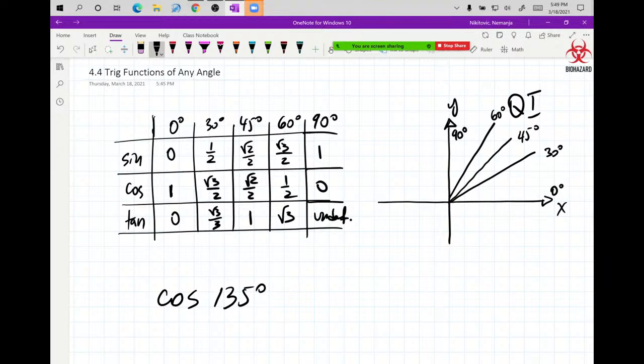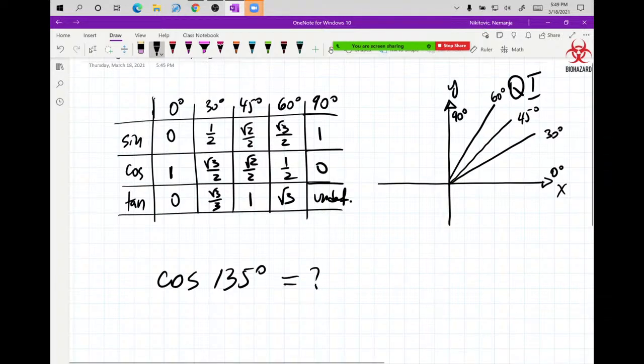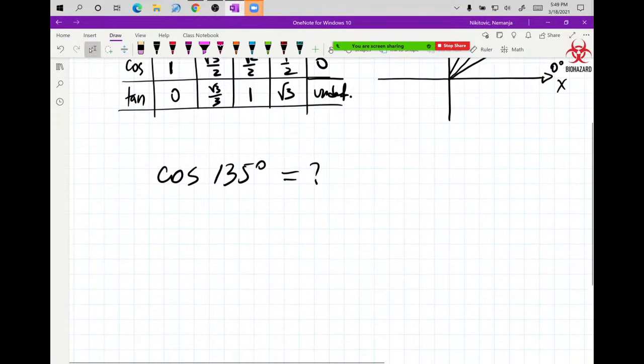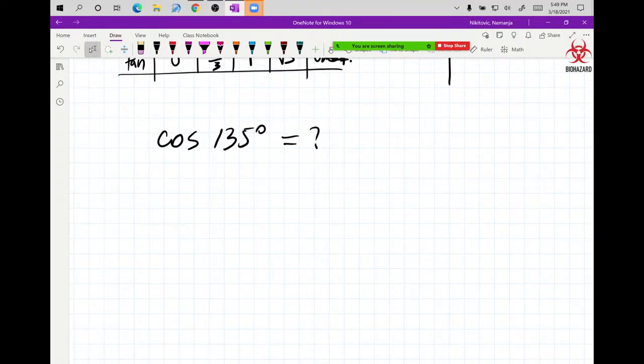So is there anything that I can do to make that calculation? It turns out, yes, we are going to learn something that is insanely important and life-saving in trigonometry, and that is called the reference angle.